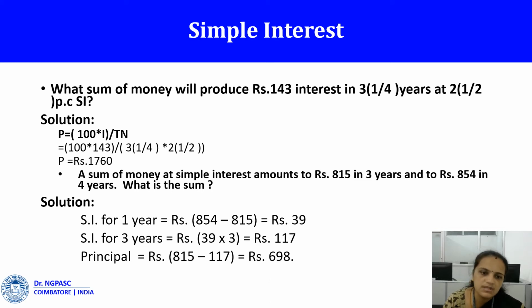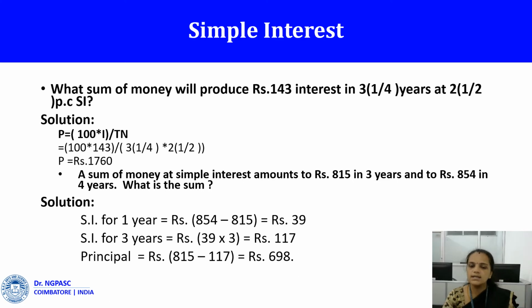The next sum: a sum of money at simple interest amounts to 815 in 3 years. They are saying that a certain sum of money, we don't know what the principal amount is, but that amount will become 815 rupees in 3 years, and 854 rupees in 4 years. What is the sum? They are asking for the sum, meaning the principal.